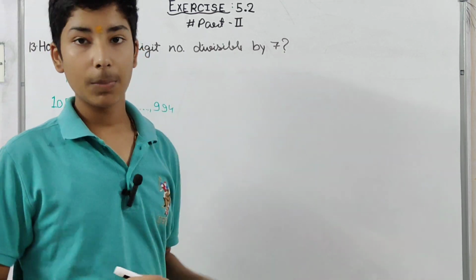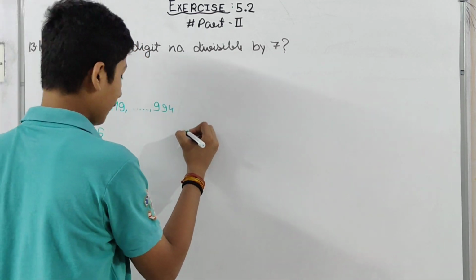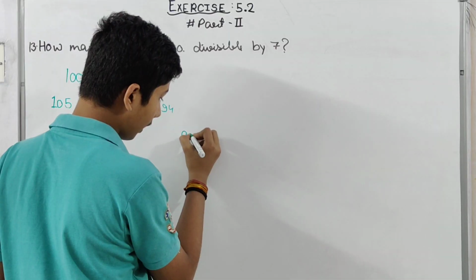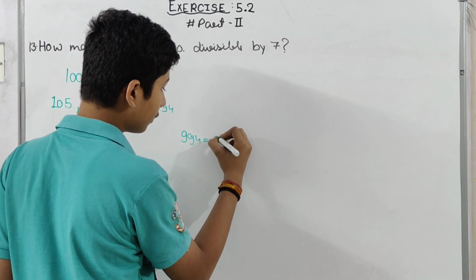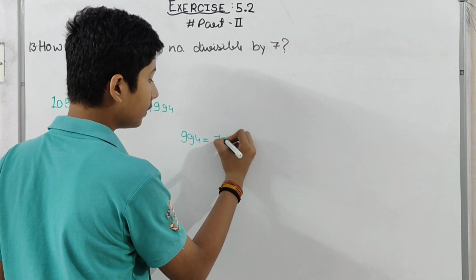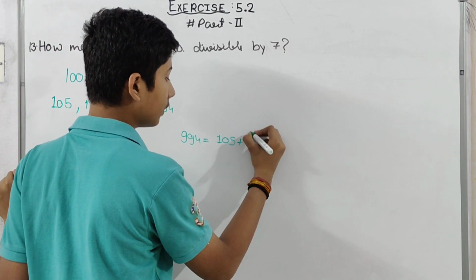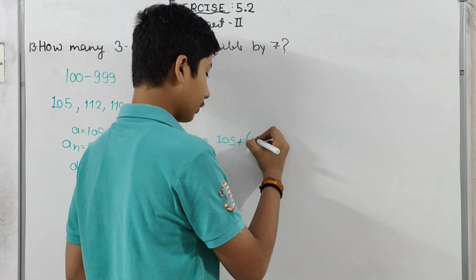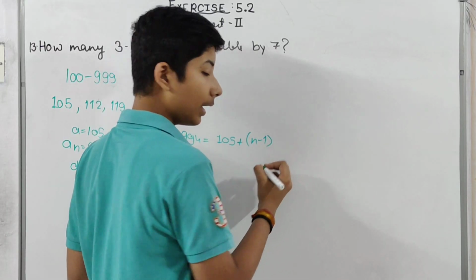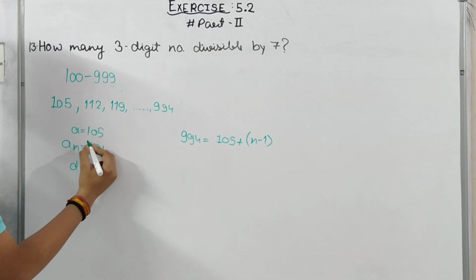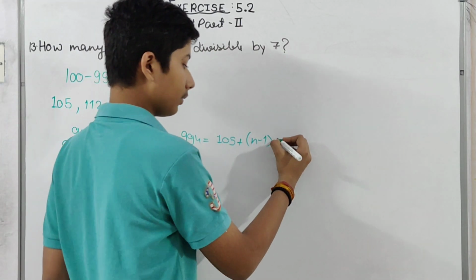So to find the number of terms, an is 994, equals 105 plus (n minus 1) times d, and the value of d is 7.